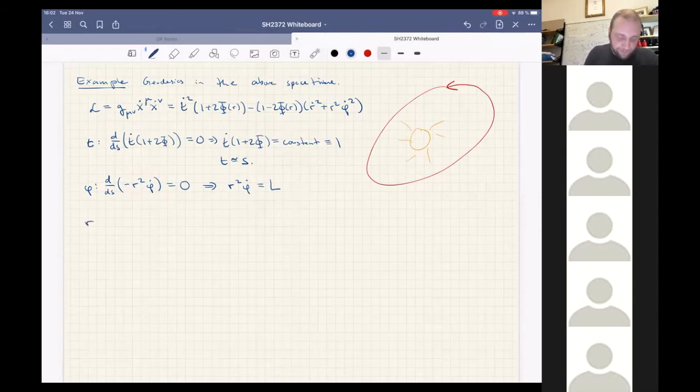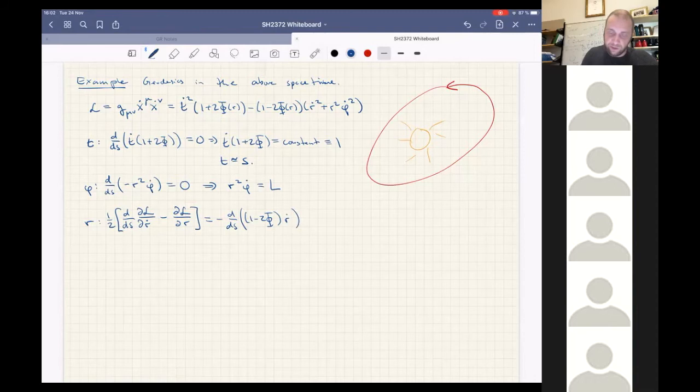And finally, for the r coordinate, we would have the following. Let's put 1/2 in front of everything. So d/ds of dL/dr dot, minus dL/dr, because now we have things that do depend on r. So this is minus d/ds of 1 minus 2 phi times r dot.